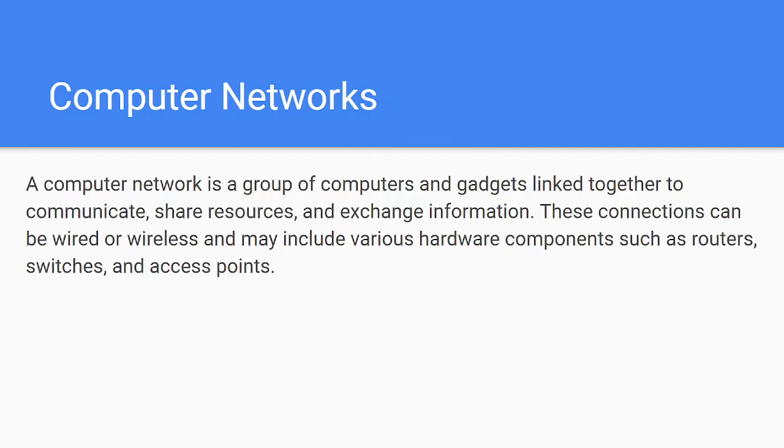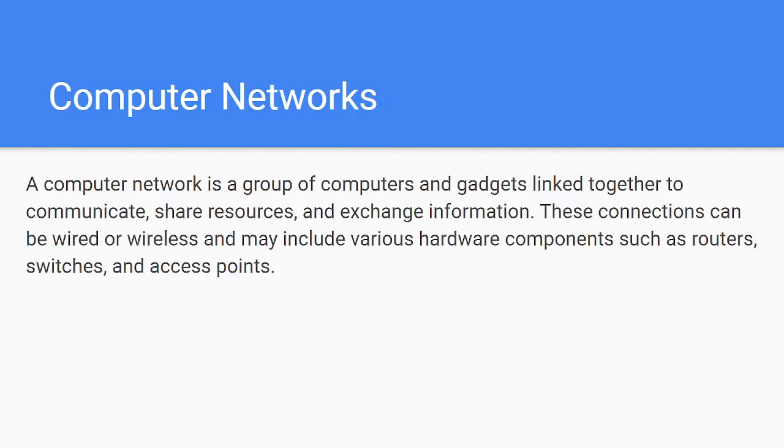Let's say in the class we have 5 students, and each of the 5 students has a laptop. We want the 5 laptops to communicate with one another so that I can send a file from laptop A to laptop D. You understand? Connecting those 5 laptops together is called a computer network.